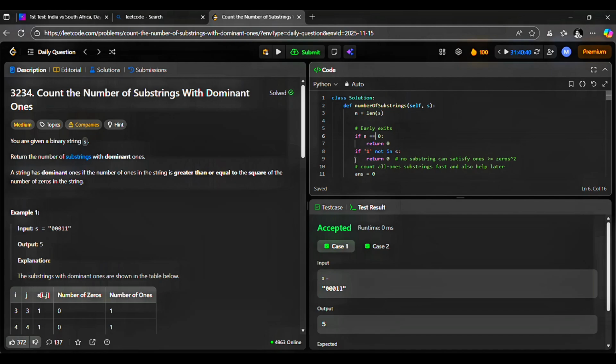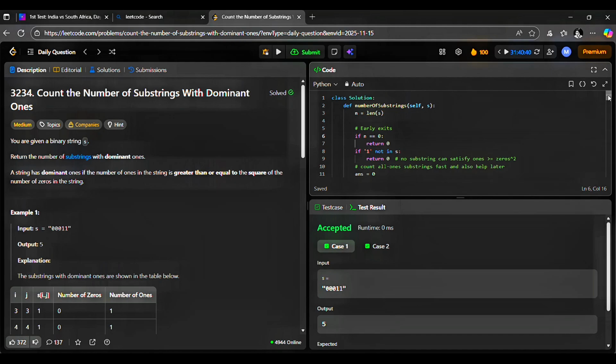That's why I have written if '1' not in s, return 0. Here, a substring must satisfy ones greater than or equal to zeros squared. If there are no ones, the left side is always 0 and the right side is at least 1 for any substring with zeros. So the result is 0.